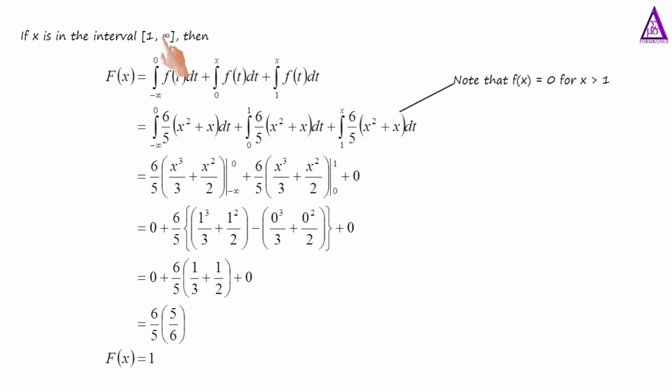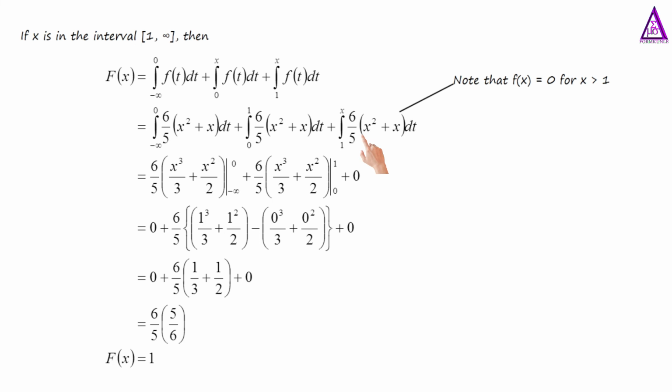And the last one to consider is if x is in the range of 1 to infinity, then we have this equation 1. But we should note that in this range we have 1 to infinity. That is to say, this range has exceeded our given limit in the equation. So therefore, the last integral will automatically be 0 because our limit has been exceeded.